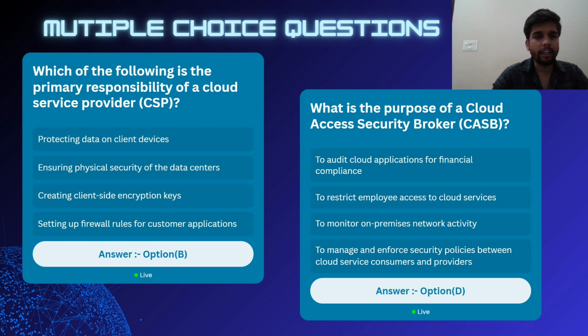Which of the following is the primary responsibility of a cloud service provider? Protecting data on client devices, ensuring physical security of the data centers, creating client-side encryption keys, setting up firewall rules for customer application. So what's the primary responsibility? Ensuring physical security of the data centers, right?